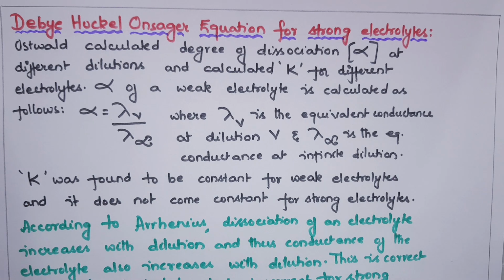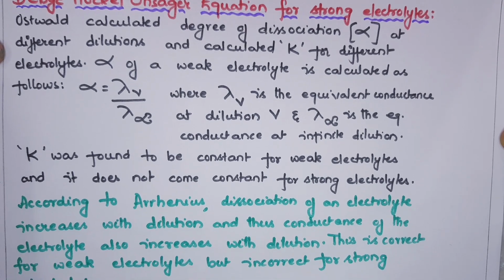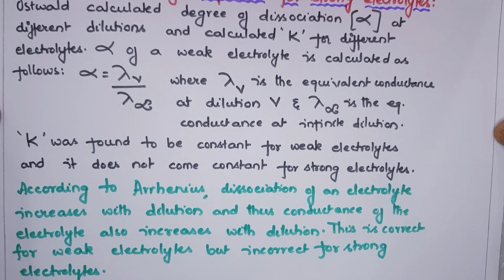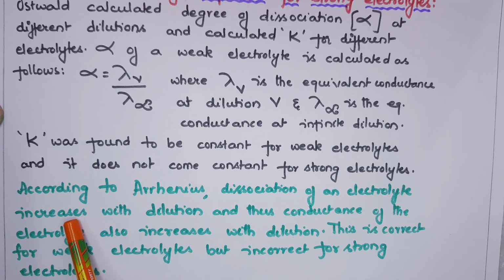Now according to Arrhenius, we have studied that dissociation of an electrolyte increases with dilution. Okay, so as you dilute, the dissociation also will increase. So as dilution increases, dissociation of the electrolyte also increases.